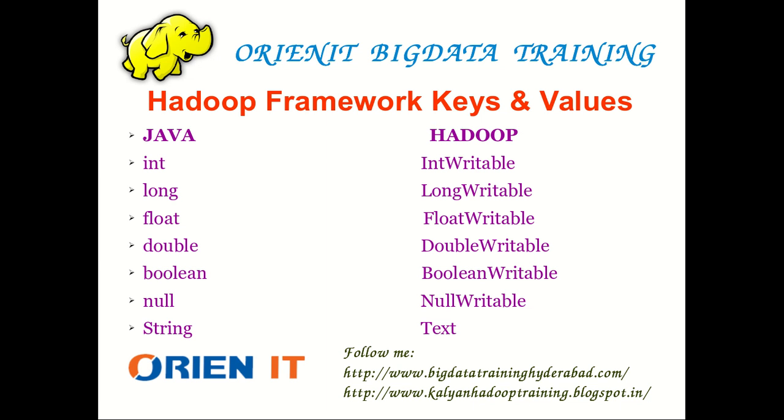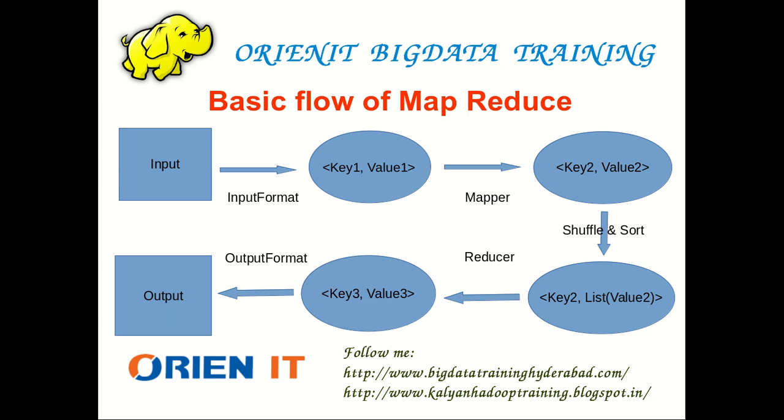Today I'm just going to tell you the basics we have noted here. There are primitive data types in Java, and we have corresponding data types in Hadoop. With the help of these, we have to write the MapReduce program. So what are the things we have to write? Just go back one step.